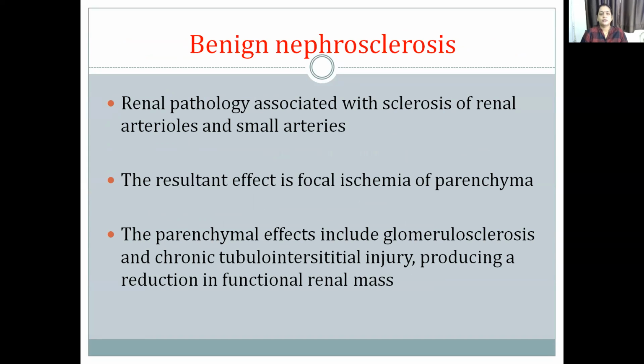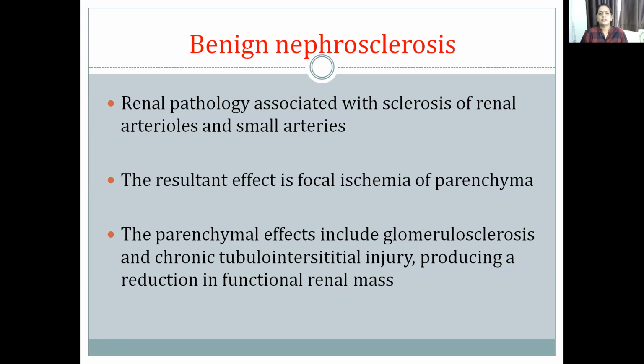So now coming to benign nephrosclerosis, you know that it affects the renal arterioles and small arteries. Because of that, there will be focal ischemia of the parenchyma. The underlying pathology is glomerular sclerosis and chronic tubulointerstitial injury.